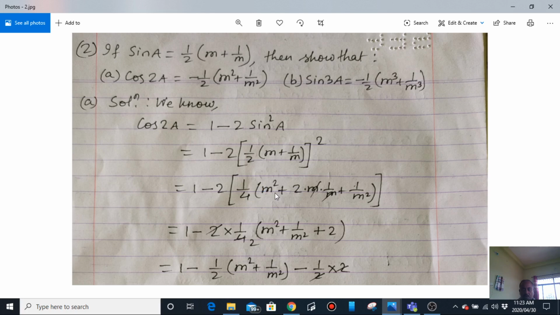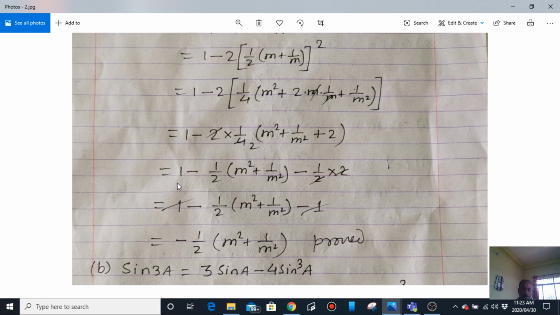A plus B whole square, A square plus 2AB plus B square. So it will become like this. M and M cancel. So next step, 1 minus 2 into 1 by 4, this 1 by 4 is here, m square plus 1 by m square plus this 2.